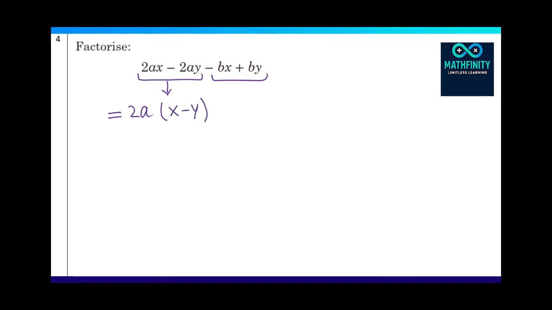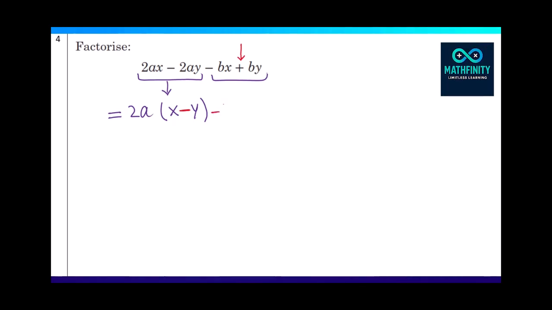From the second pair, b is common. But here the problem is whether I have to take negative b or positive b. For this point, you have to concentrate. What is the sign here? Negative. It means this sign we need to change. And how can we change this sign?